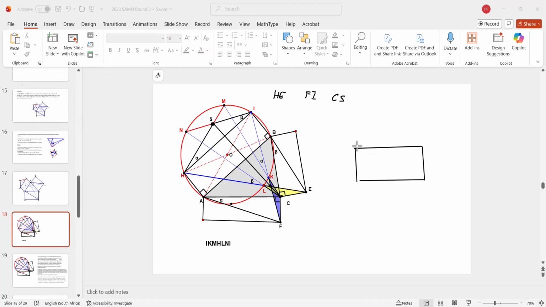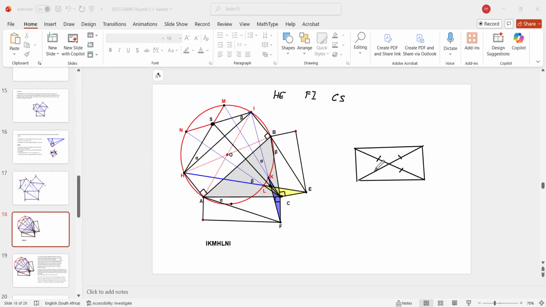If you want to know where the center is, well, it's very simple. For a rectangle, you can write down the center straight away. It's where the 2 diagonals meet, because a rectangle is a parallelogram, and the diagonals are equal, and they bisect each other. So all these are equal.